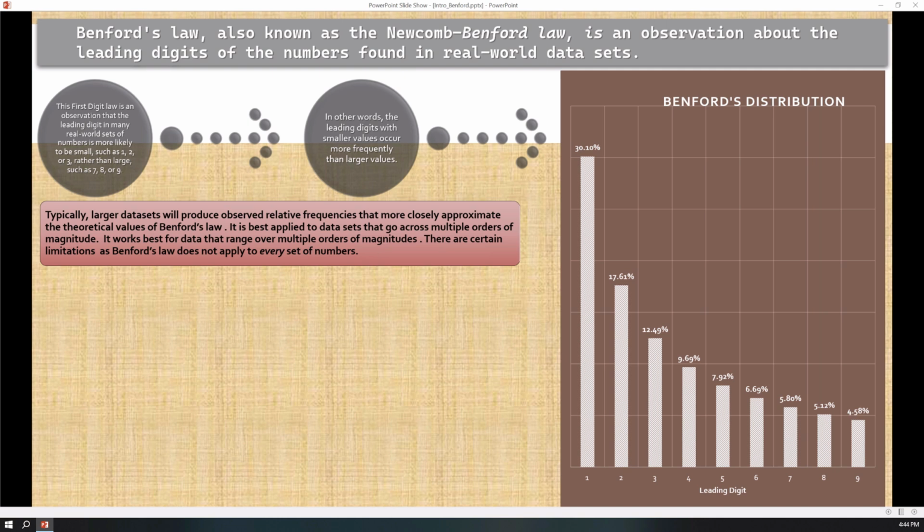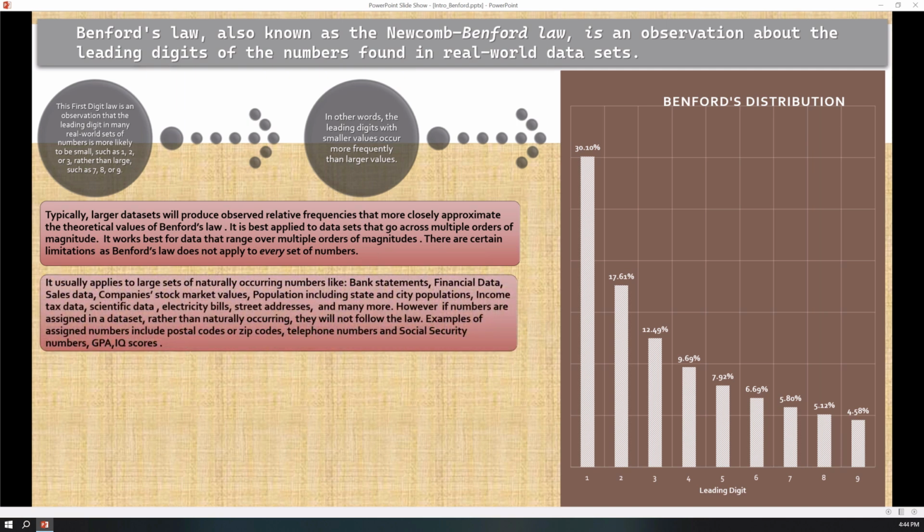However, there are certain limitations, as Benford's law does not apply to every set of numbers. Here you can see that bank statements, financial data, and sales data are datasets we can conveniently work on to see whether they obey Benford's law or not, right?